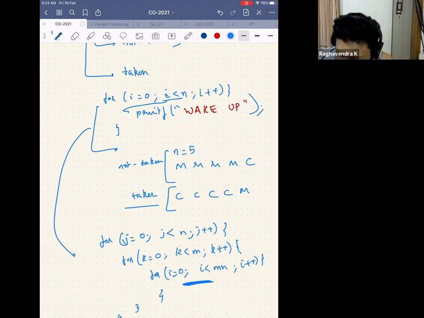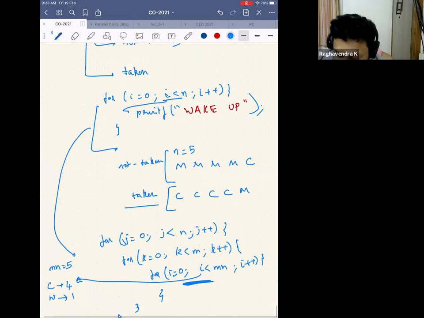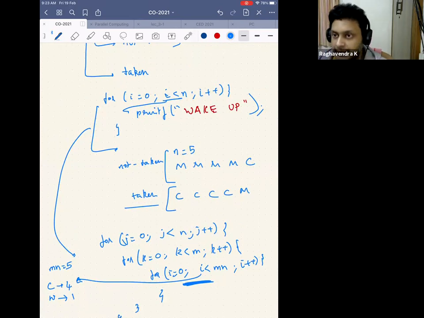There's some instruction in the inner loop. Let's say n is 5. Then this particular branch is correct 4 times and wrong one time. But how many times is this branch actually executed? It is m times n times.